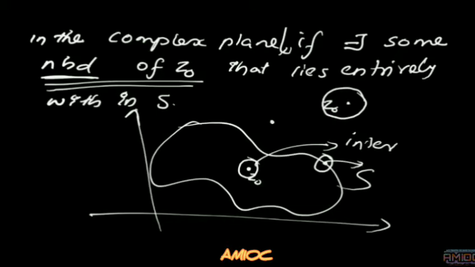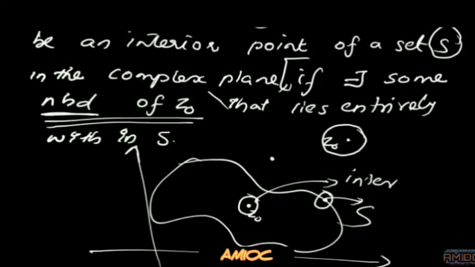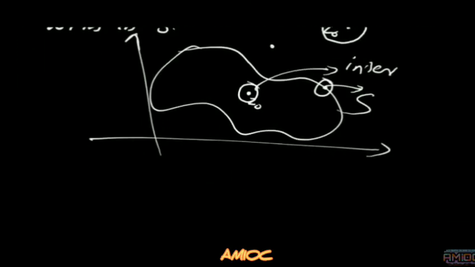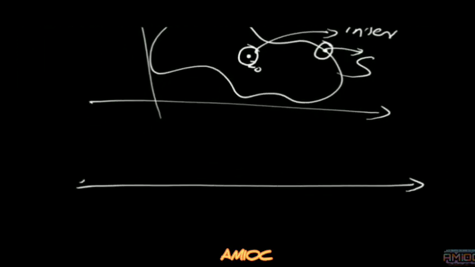If we look into the real number system, what will we get? Instead of open disk, we will get open neighborhoods. If we consider the points in the real axis, if I am considering a point X in the real axis, then X is said to be an interior point of some set S in R if there exists an open interval that completely lies inside that set.